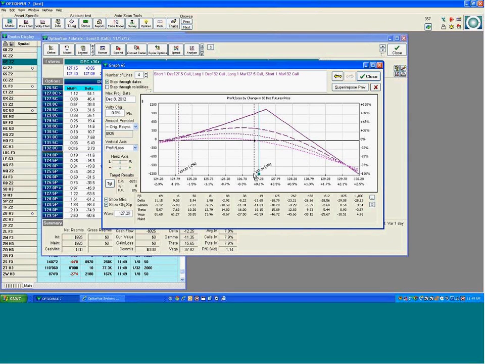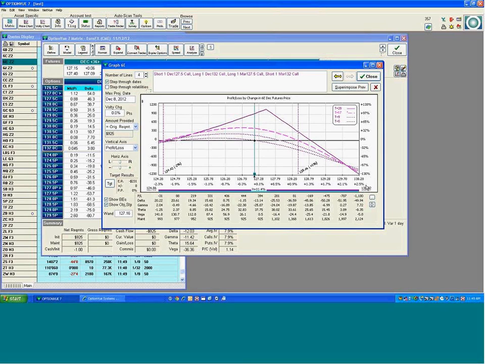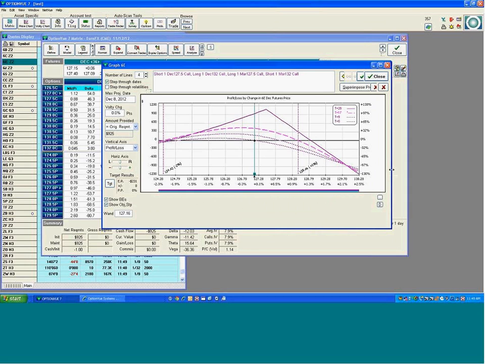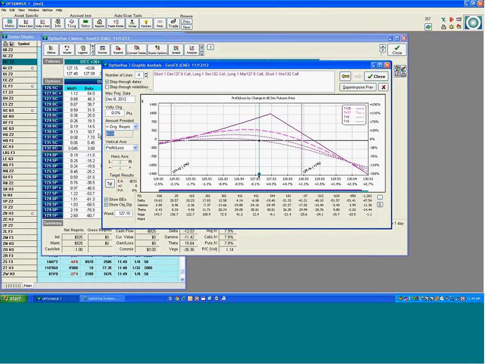So a little bit more negative deltas, but the projection in 17 days is just the same dollar amount that we were looking at before. But the margin is a little bit lower, so you can get close to 45% return in 17 days. That's a shorter period of time.